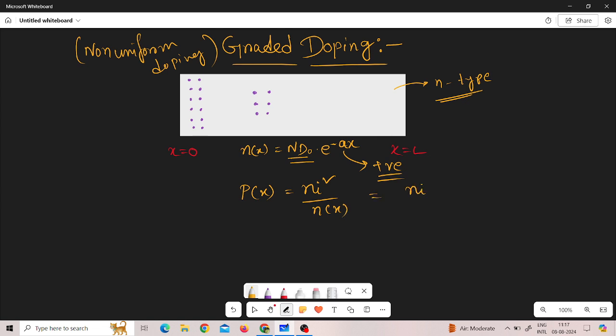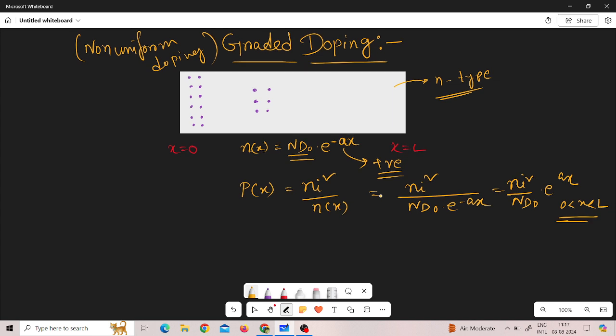So this is ni square by nd0 e to the power minus ax, equal to ni square by nd0 e to the power ax, for 0 ≤ x ≤ L.